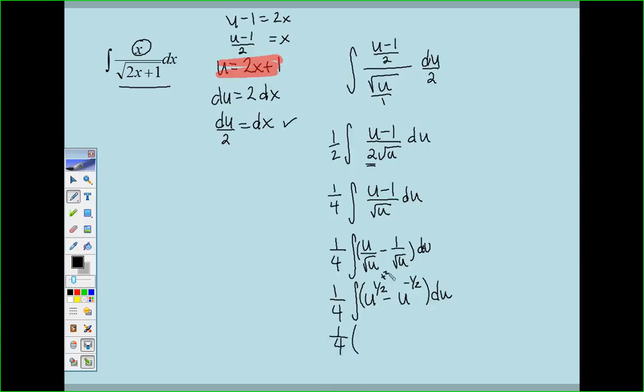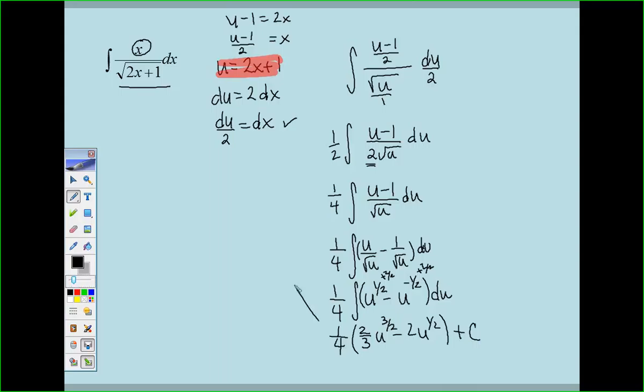So if we add 1 here, we would have u to the 3/2 divided by 3/2, but we know that's the same as multiplying by 2/3. And the next term, we have u to the negative 1/2. If we add 1, which is adding 2 over 2, I just get a common denominator. That would be u to the 1/2 divided by 1/2, which is the same as multiplying by 2. Then we would have to add in our constant of integration.